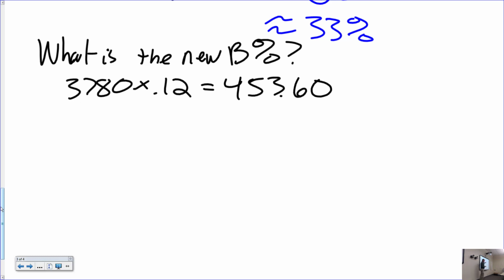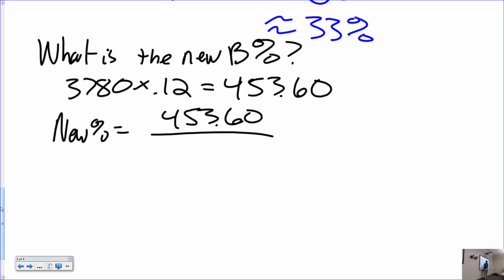Now, does that number change? No, right? I mean, it stays the same because I didn't have any more sales in B. But then what do I have to do to change the percentage? Divide by the new total? Yeah. So the new percentage is going to be 453.60 over 4,000. What does that change us to? 11%.